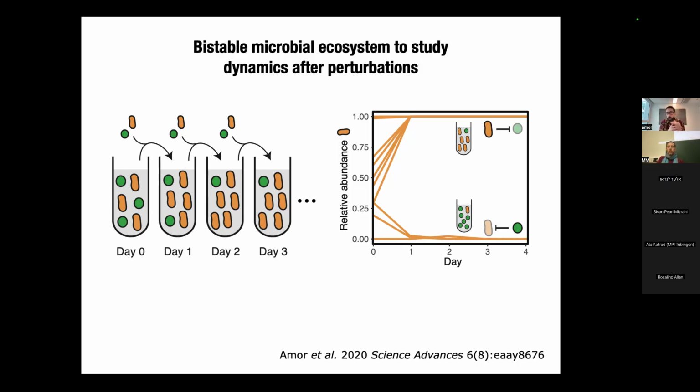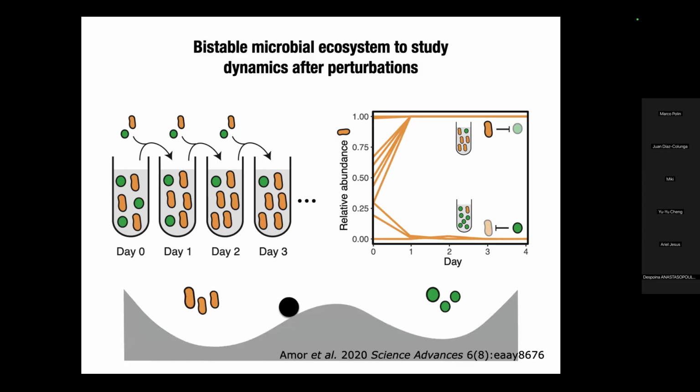And even if we do this, this doesn't change the outcome of the competition, which shows that those states are actually stable. And with this, if we make this physical analogy with a potential landscape, what we have is a community that has two alternative stable states, and now we can apply different perturbations to understand how we can jump from one state to the other.